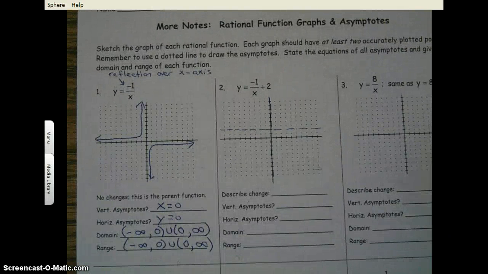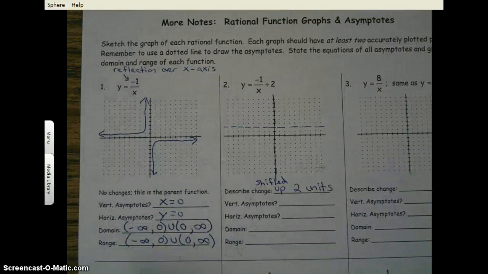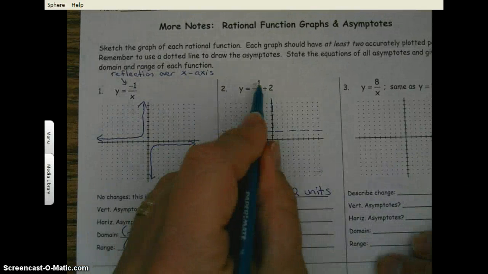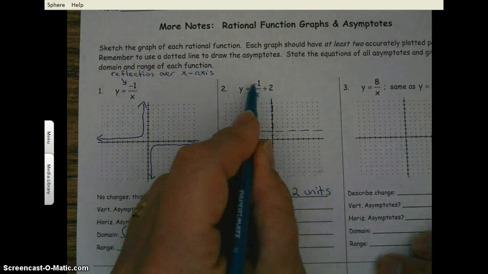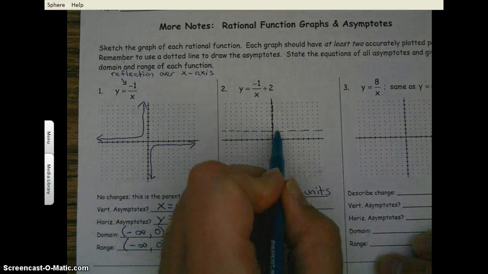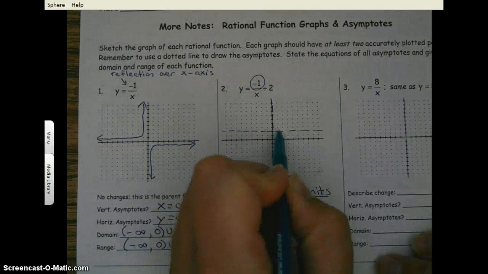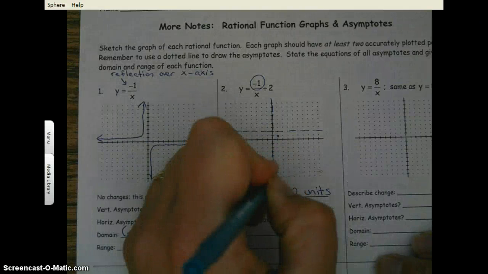Describe the change. Okay, so we shifted up 2 units. Let's talk about plotting the 2 accurate points. Since our a value is 1, it's negative. So you're going to go to that center point, and you're going to go over 1, and go down 1. So that's going to give you 1 point.